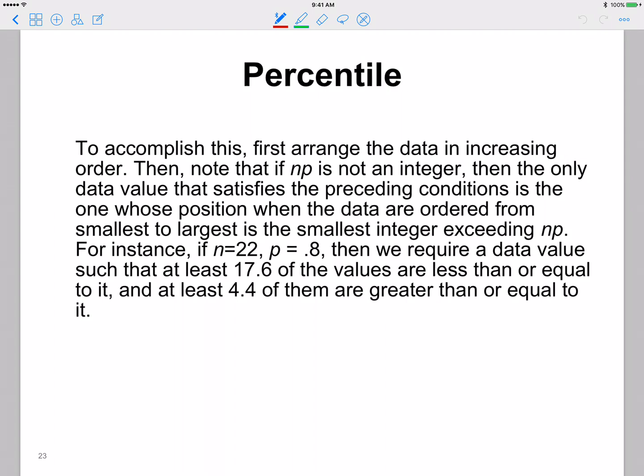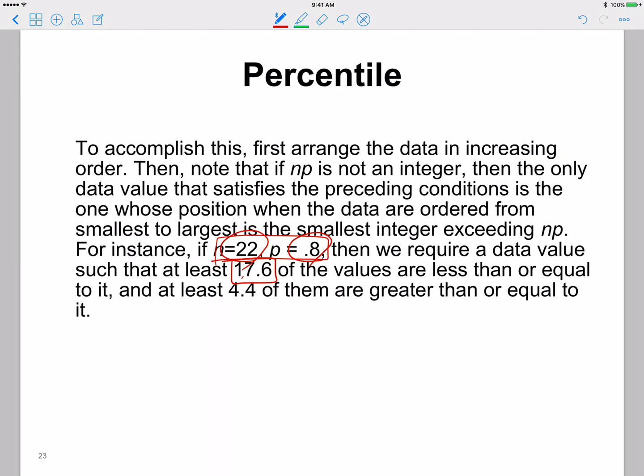Usually in maybe 80%, and then if the number is this 22, for example, and in this case, if we just compute these numbers, then this number is no longer an integer, right? So we have to pick up the 17.6 ranked number out of 22 numbers.